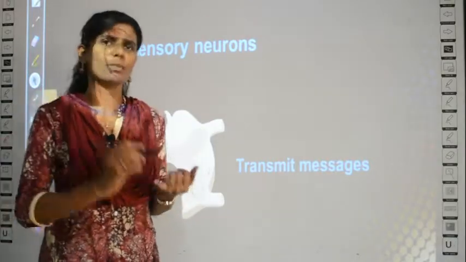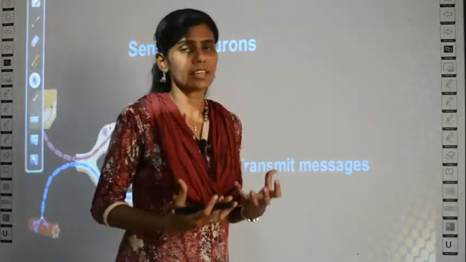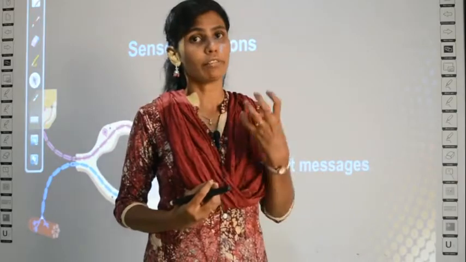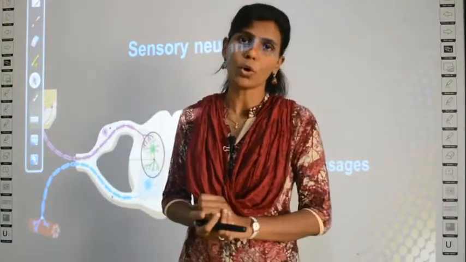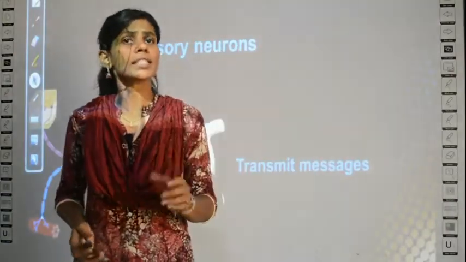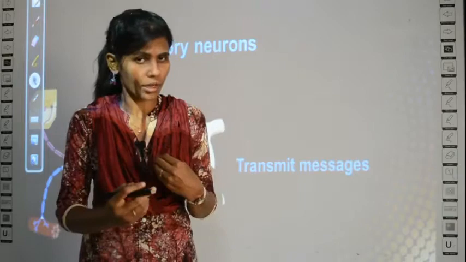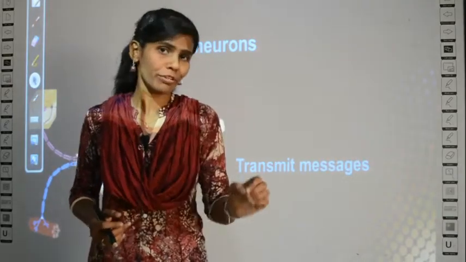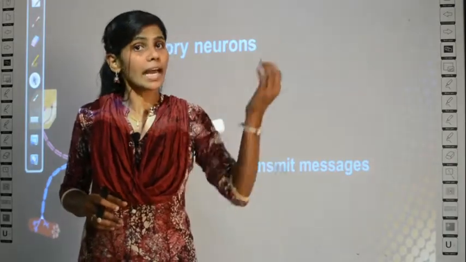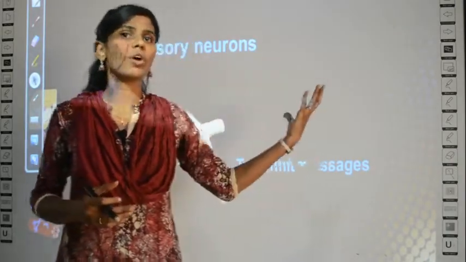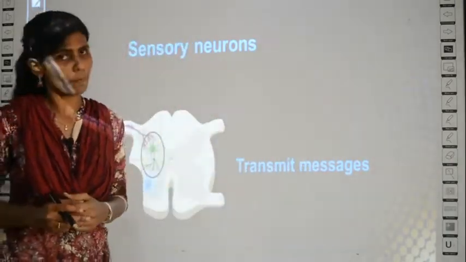It is not an email or a letter, right? It carries messages in the form of electrical impulses, from your brain to all the parts of your body. Only when your brain says walk, you will start walking. When your brain says sit for some time, you will sit, right? So that message is carried by the neurons or nerve cells of your body.